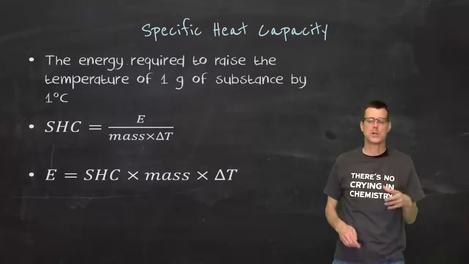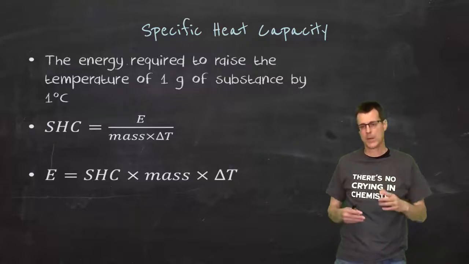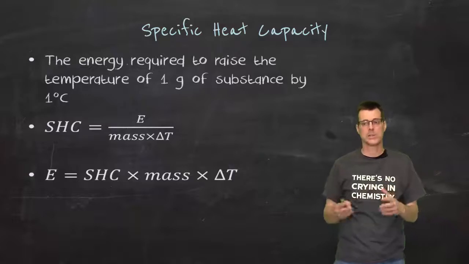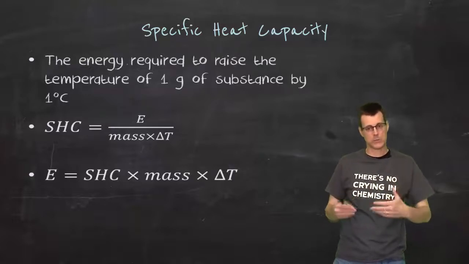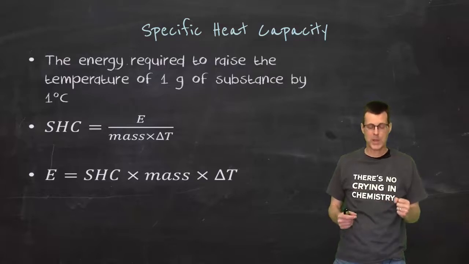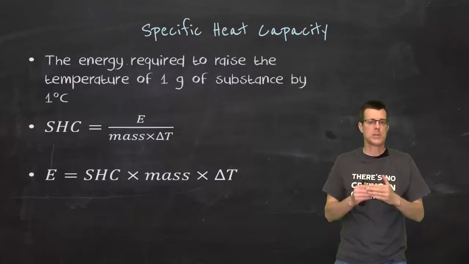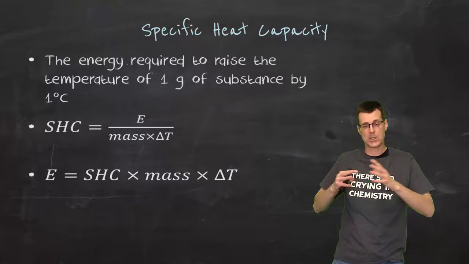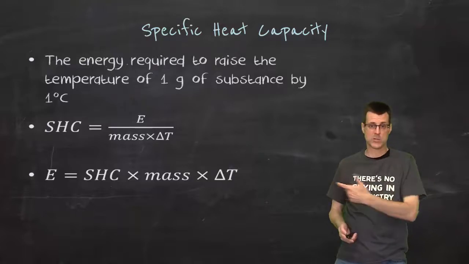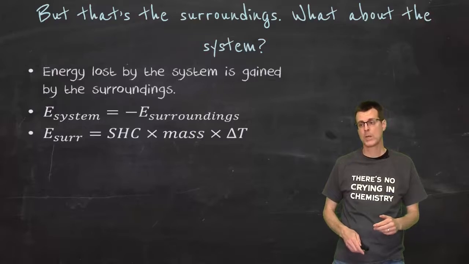There's a concept of specific heat capacity, and that is the definition that you see there. And then the formula is specific heat capacity is the energy over the mass and over the change in temperature. And if we know the specific heat capacity of the substance, then I can use all of that to determine the energy by rearranging the formula for energy.